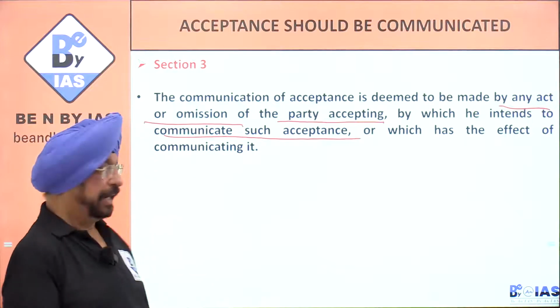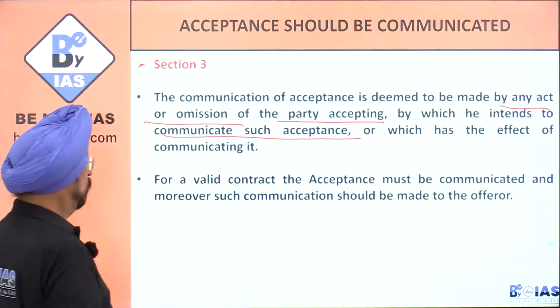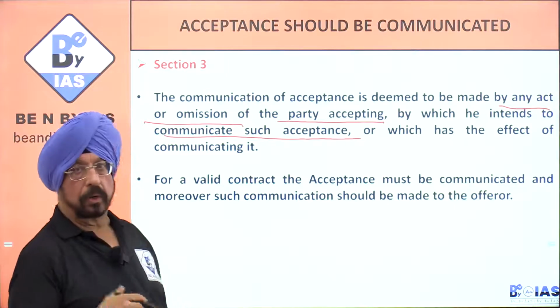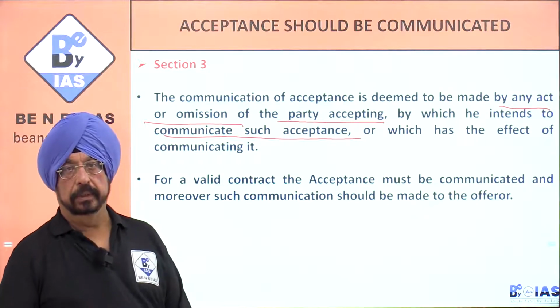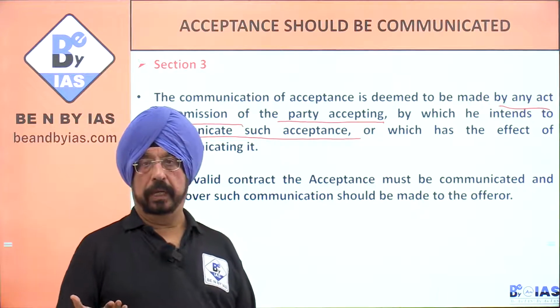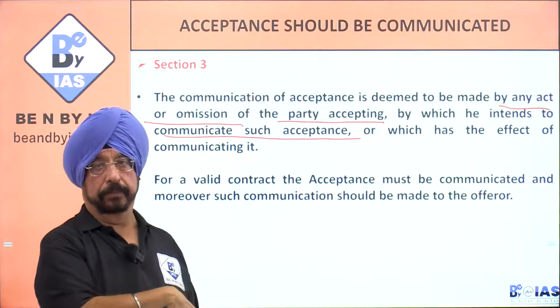That means, for a valid contract, the acceptance must be communicated, and such communication should be made to the offerer, not to any other person. Acceptance must be to the offerer by the offeree.